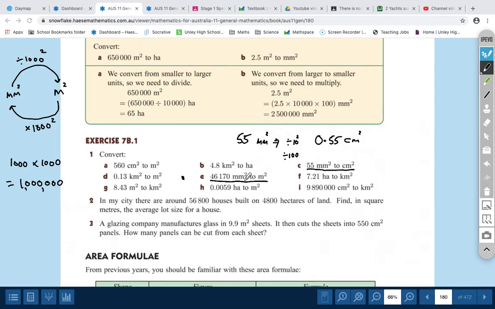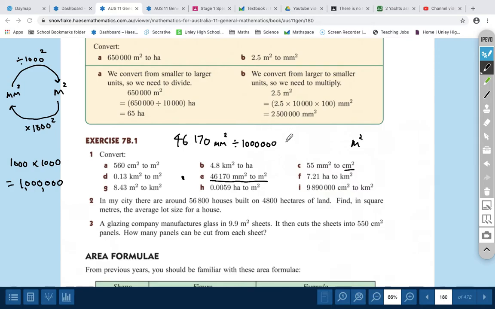Now we're going from millimeters to meters. We have to take this number here, 4,6170, and divide it by 1,000,000, keeping the units, because we've got to convert it to meters squared. We do that by dividing by 1,000 squared or 1,000,000.